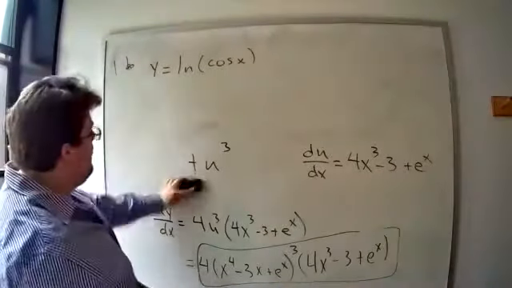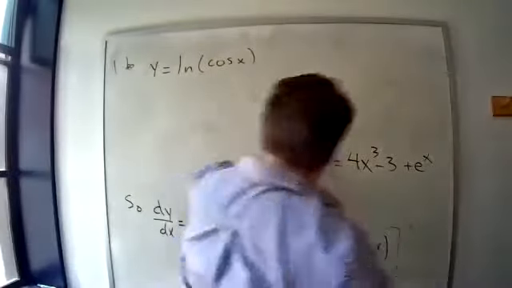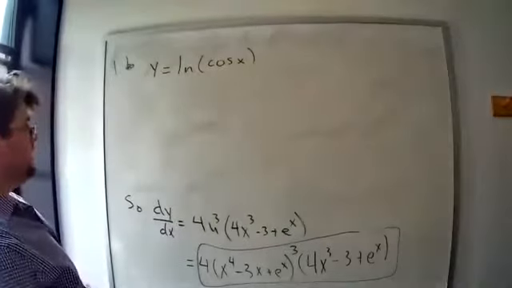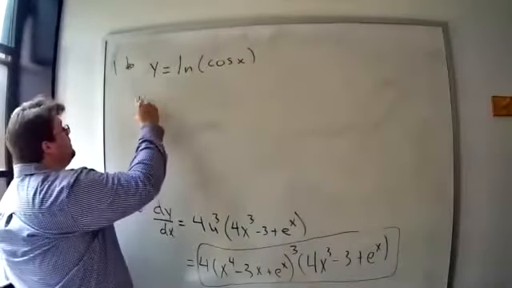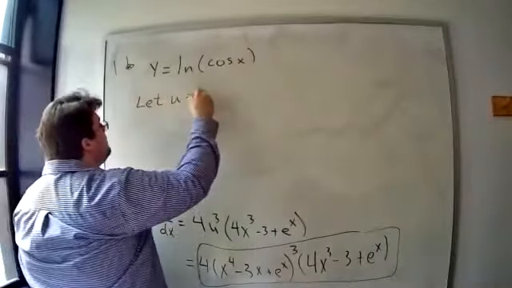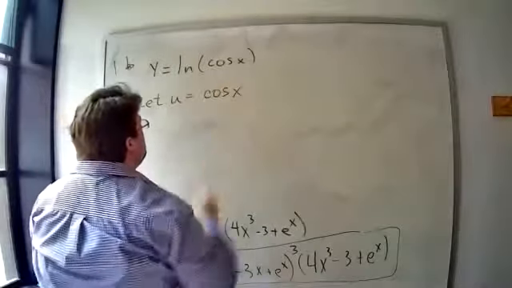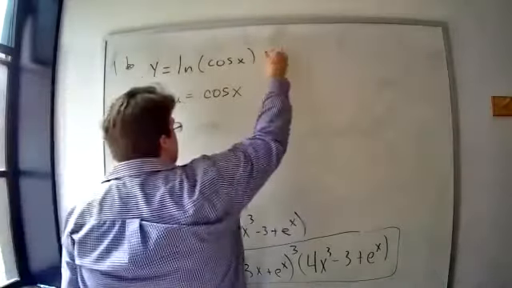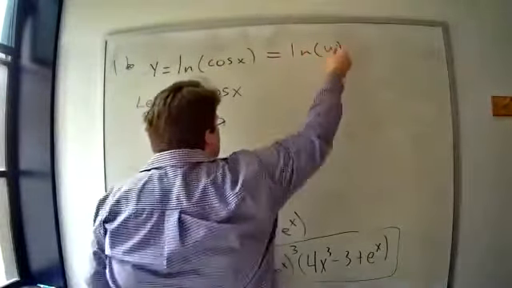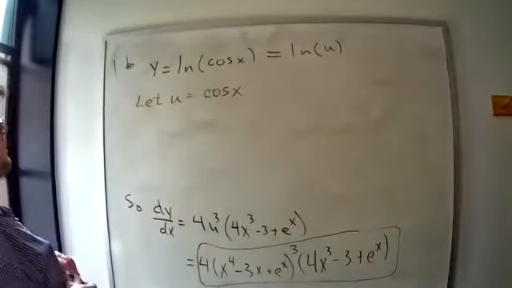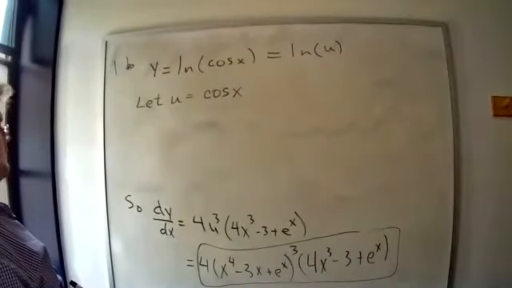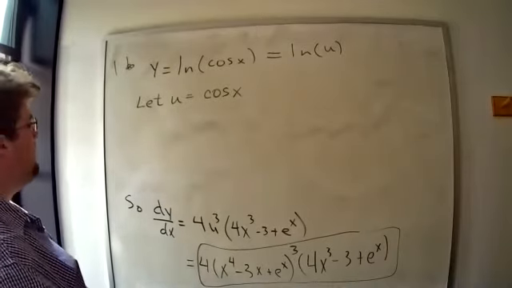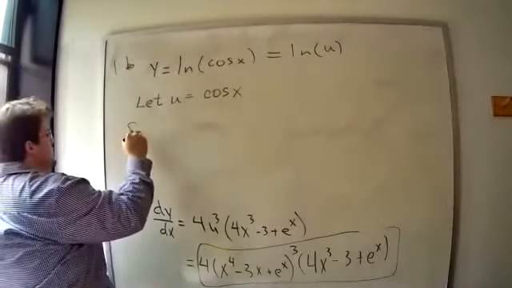Well, we know how to take the derivative of a natural log of something. So let's let u be that something. If we let u be that something, y is now a function of u. We can take the derivative of y with respect to u using our derivative rules. We can take the derivative of u with respect to x using our derivative rules.